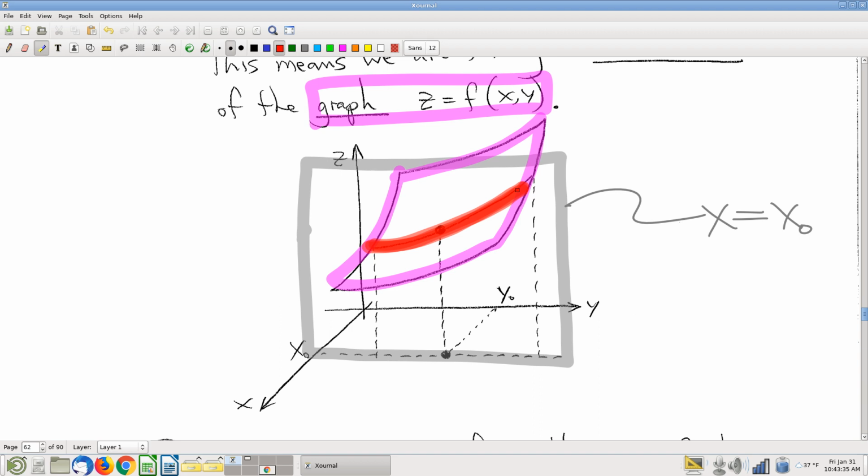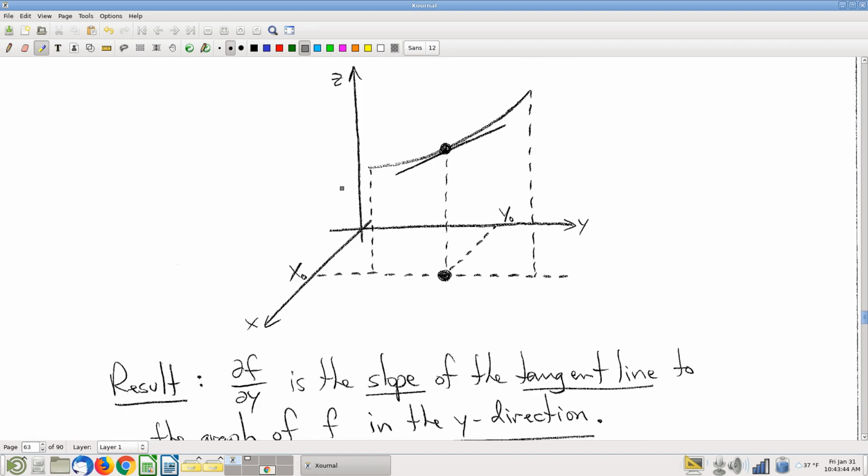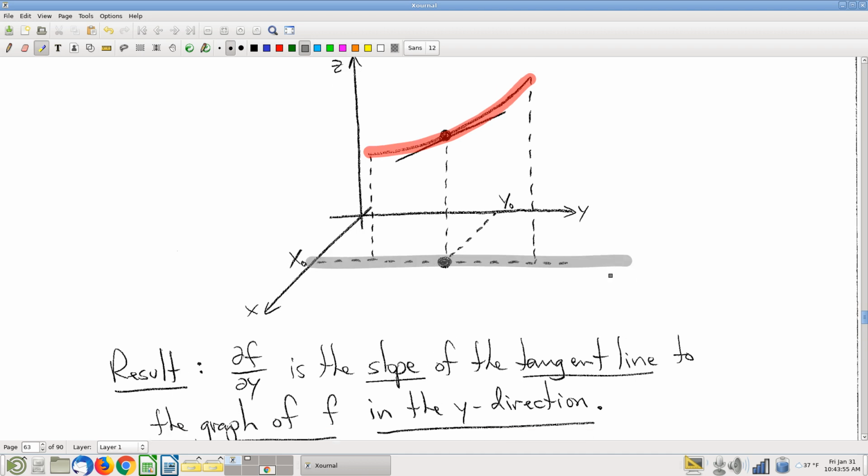Okay, what's the next thing that we do if we're taking a partial with respect to y? After we fix the other variable x, the next thing that we do, having fixed x, here it is, by the way, here's our cross-section that we get from fixing x. Next, we take the single variable derivative with respect to the variable y. We do the actual y derivative of this function. So, keep in mind, y is that variable. I'm going to take the derivative with respect to y. Flashback to Calc 1, what does it mean geometrically to the graph if you're taking a derivative?